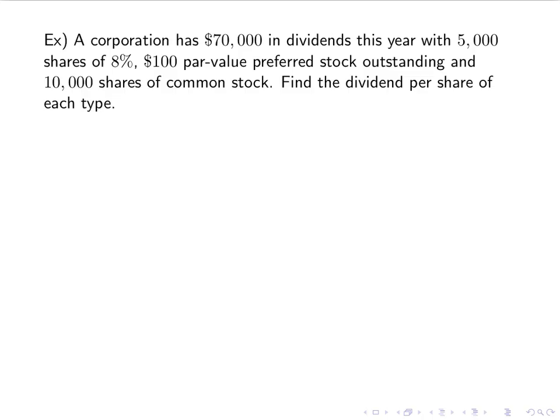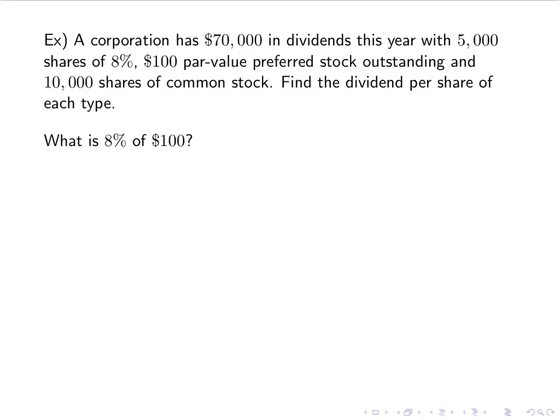Find the dividend per share of each type. When you have more than one type of share, it's really important that in your answer you specify which one goes where. So don't just give me $5 and $8. I need to know it's $5 per preferred share and $10 per common share. Make sure you're writing clearly which one goes where.